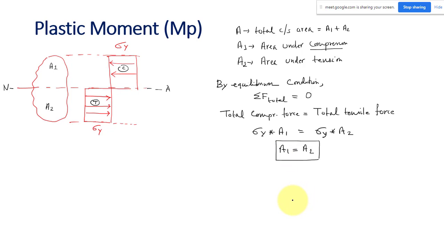So whenever the plastic state has been developed, the cross section will be divided into two equal parts.